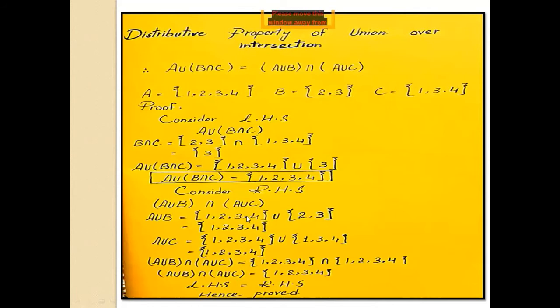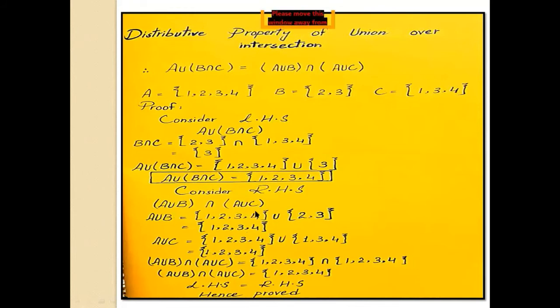The union will be 1, 2, 3, 4. Then A union C: 1, 2, 3, 4 union set C, which contains elements 1, 3, 4. The union, A union C, will be 1, 2, 3, 4.